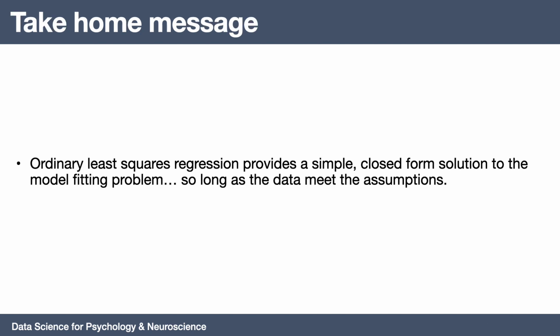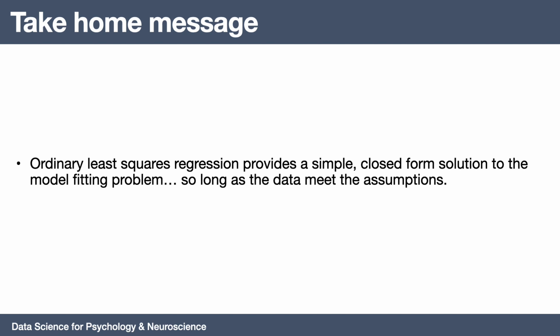What I would like for you to take away from this lecture is that ordinary least squares regression provides a simple, closed-form solution to the model fitting problem, so long as the data meet the assumptions. If you have a data set of inputs and outputs that meet the assumptions of ordinary least squares regression, this closed-form solution is the best you will do.